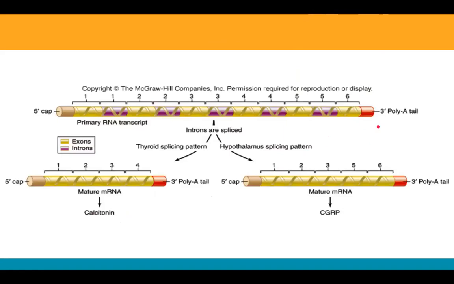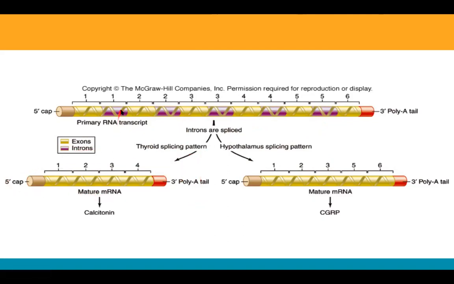This is what happens during splicing. The introns are spliced, removed, and the pattern of removal of these introns creates different patterns of splicing that cause production of a unique mature mRNA.